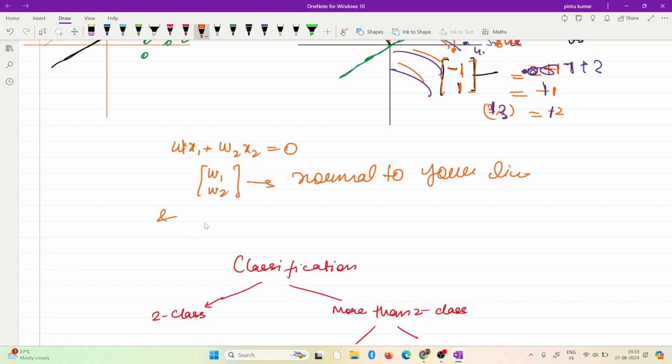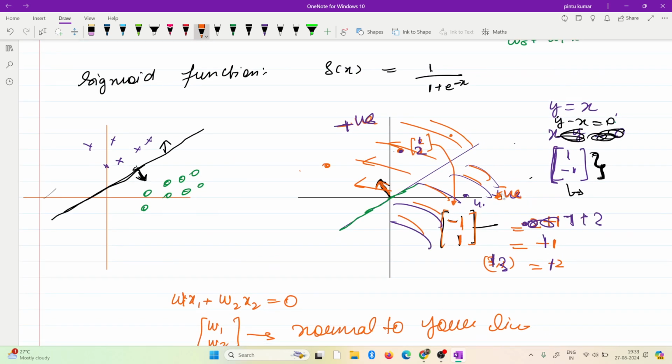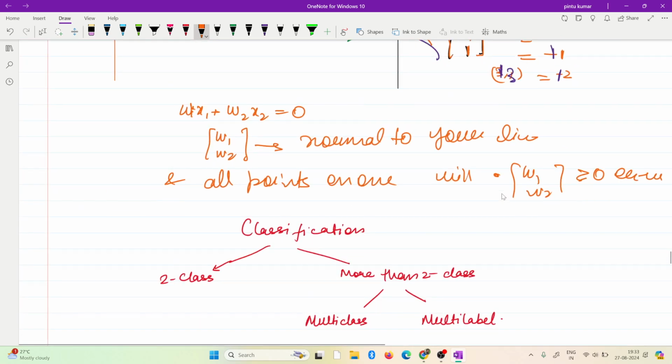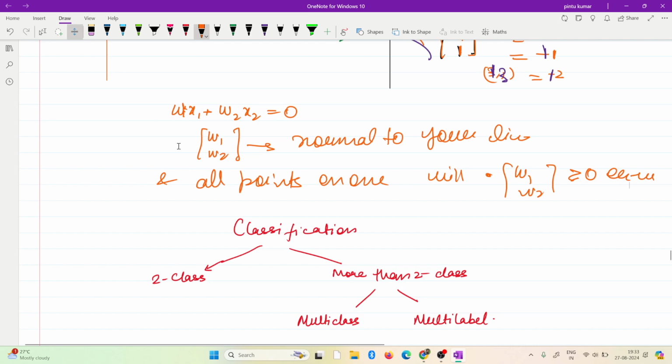And all points on one side will give a dot product with this w1, w2 either positive or negative. So you can't have 2 points on the same side with one positive and one negative. This is the idea that we use for classification.